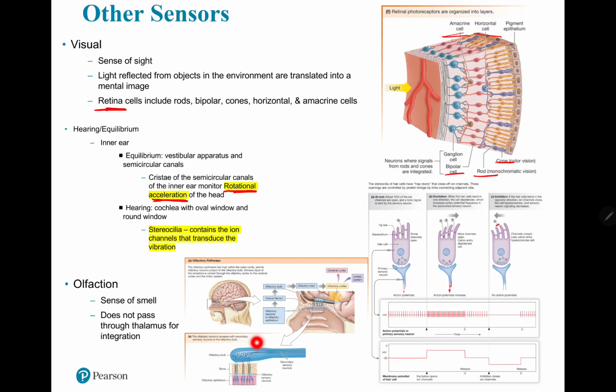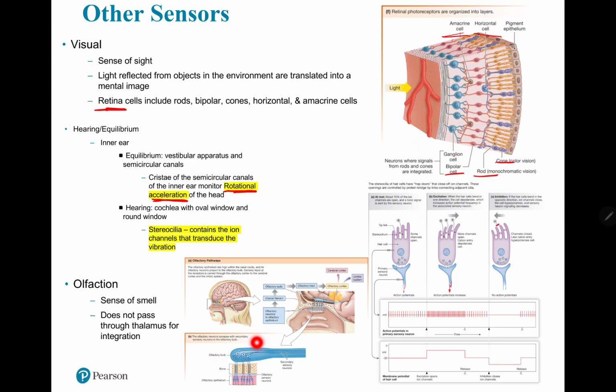Now hearing, the ability to hear, is going to be from the cochlea in the inner ear, that snail-like organ, because the cochlea has the organ of Corti. It starts off with the oval window and the round window.